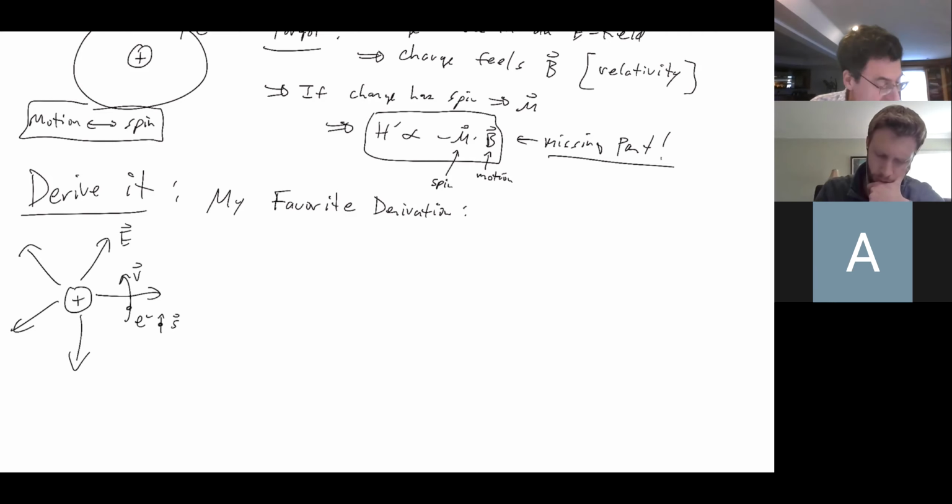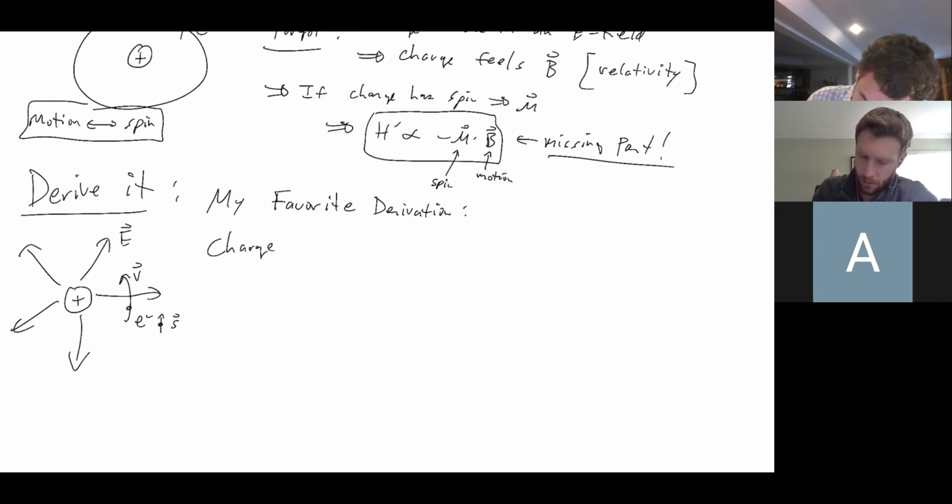It's moving in that electric field with some velocity, V. And the thing that you're supposed to remember, but probably none of you do, maybe one or two of you do, is that a charge moving in an E field feels an effective B field.